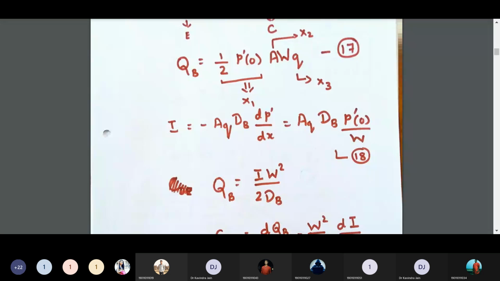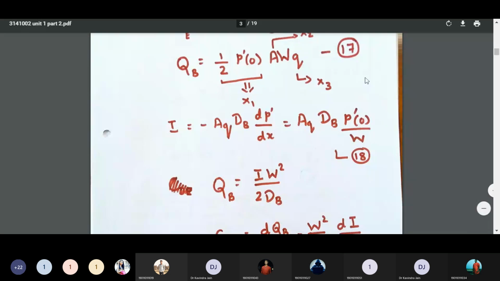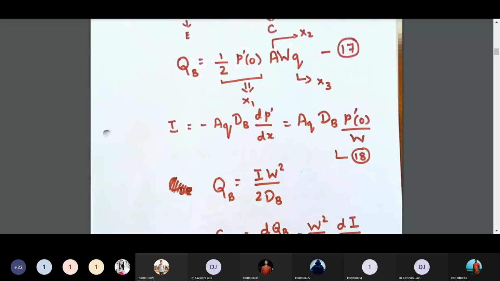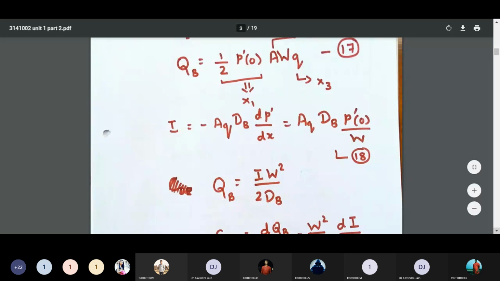Wherever it is important, I will let you know. Only I have put 17 and 18 all together, so QB becomes IW square upon 2DB. That is not so much important, so you can just skip it. But the final conclusion of this article is quite important, which would be the base of the next topic.